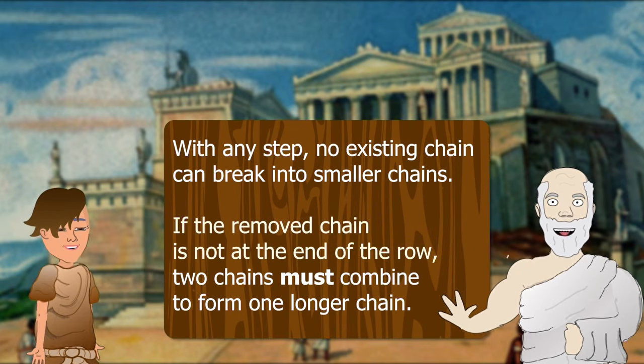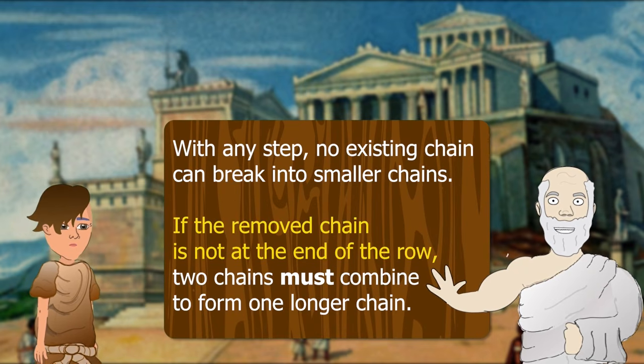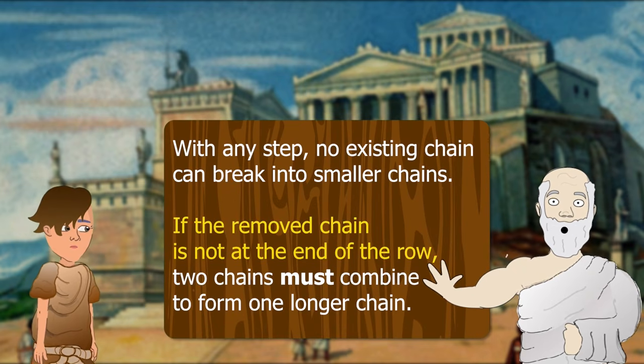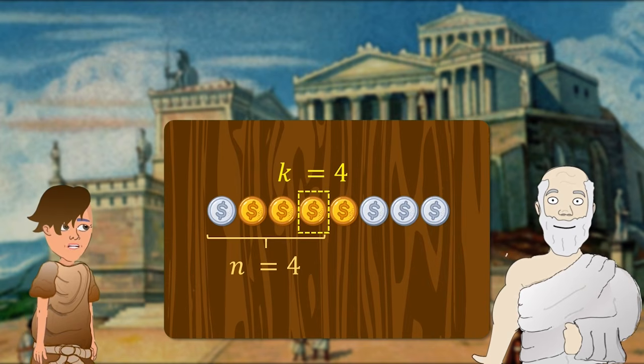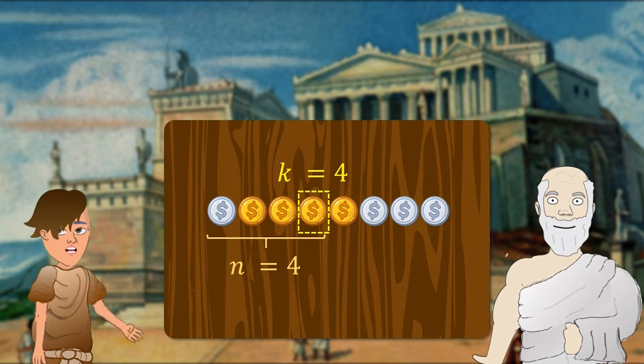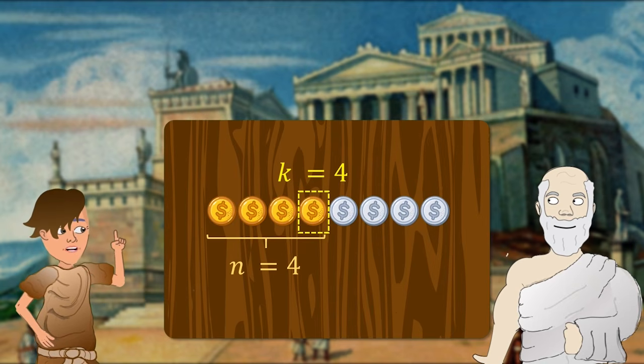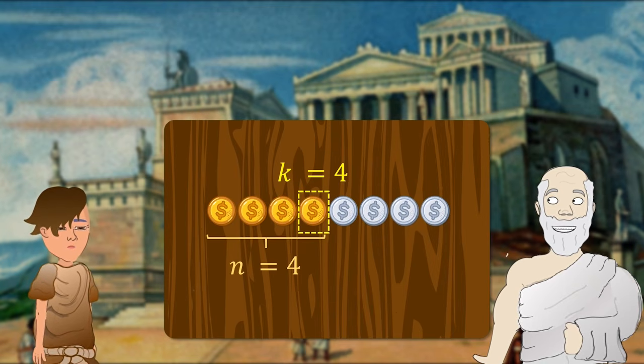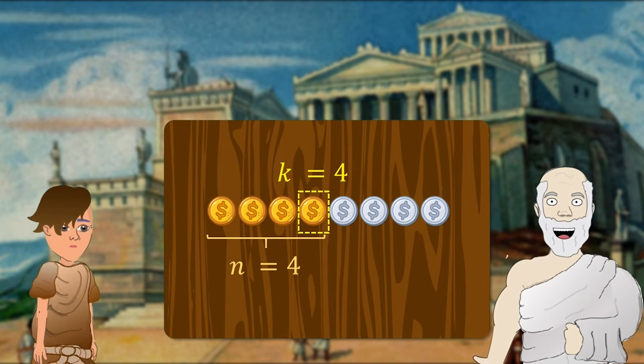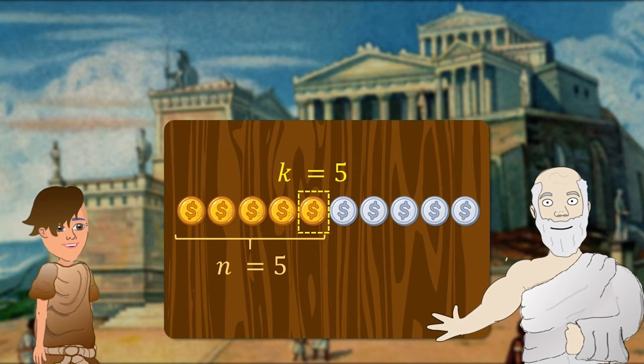Right. And when n equals 4, the removed chain must have at least 1 coin to its left and right, because if the chain extended from the 4th position to the end, the leftmost 4 coins would already be the same. Exactly. And the same will apply whenever n is equal to k.